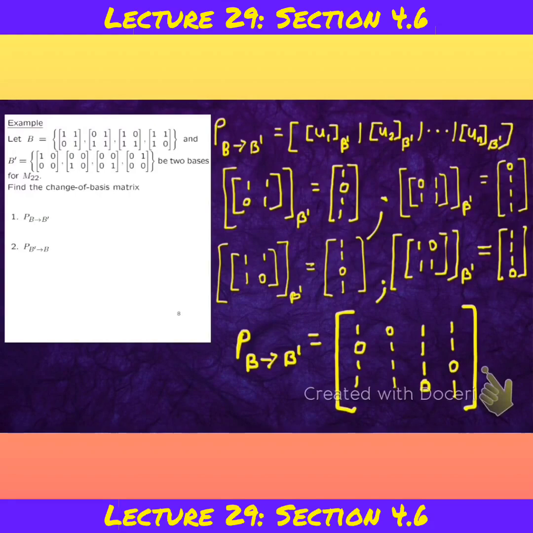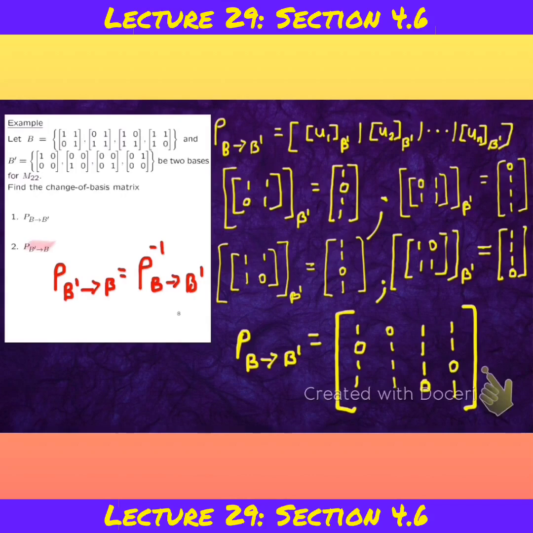Alright, so what we want now is to find the change of basis matrix that runs from B prime to B. And recall that we can do this by playing around with inverses. From the previous theorem, the change of basis matrix from B prime to B is just the inverse of the change of basis matrix from B to B prime.